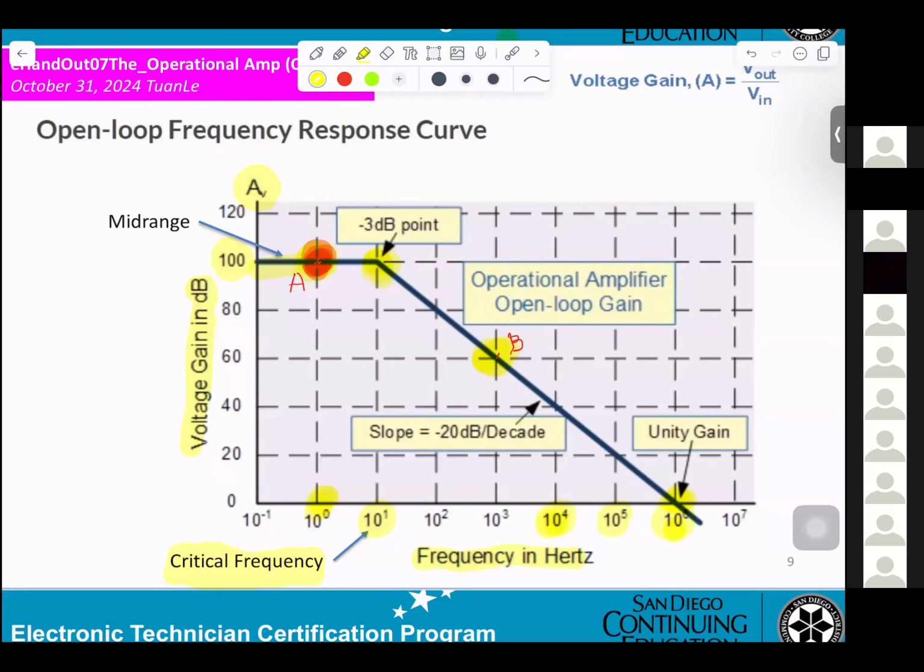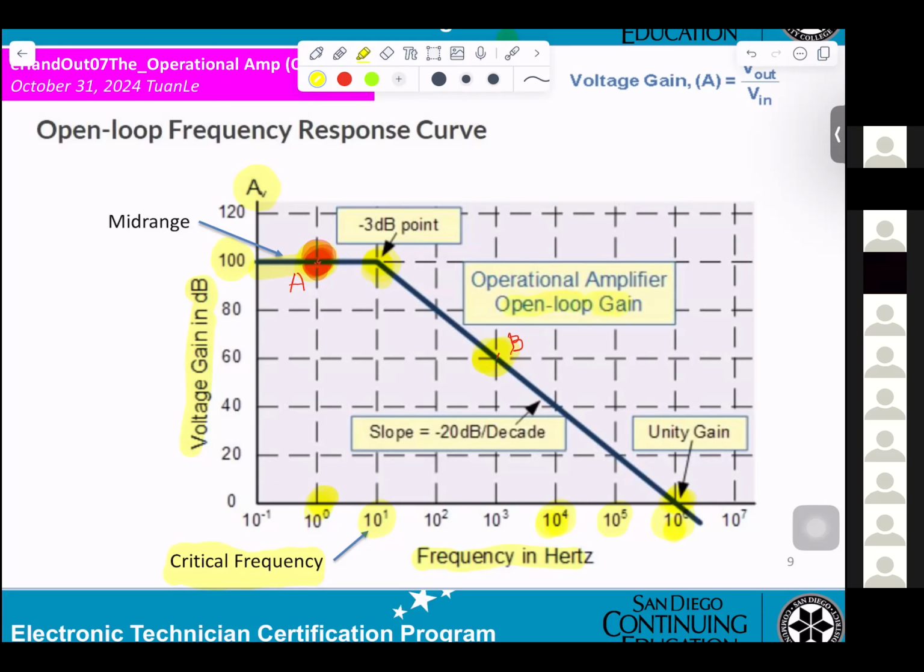Okay. So in their drawing, they're telling you the slope will be 20 dB per decade. What does that mean? That means they go down 20 dB per decade, 10 times. So this is the operational amplifier open loop gain.